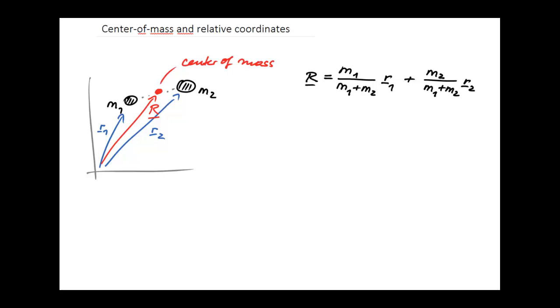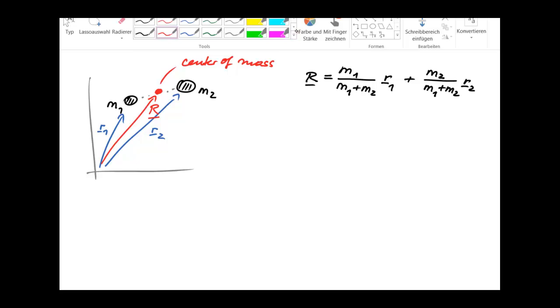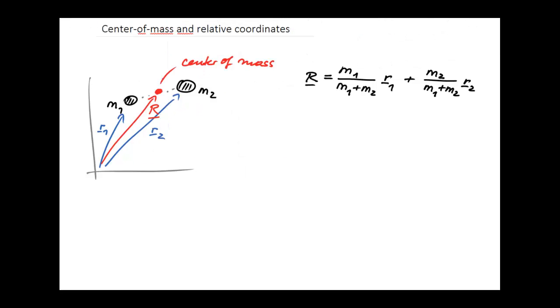And then we can introduce the relative position of the two bodies. This is a vector little r, defined as R1 minus R2.